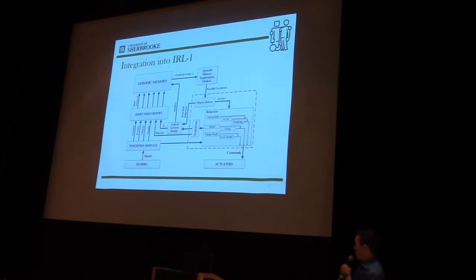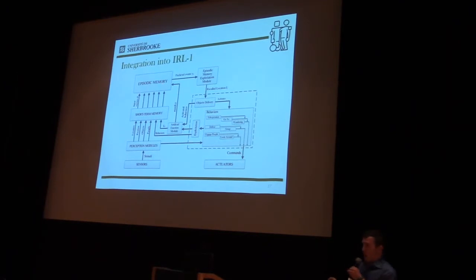Here's the schematic of our architecture. From the sensors, we have a perceptual module to recognize objects, persons, etc., that sends information asynchronously to a short-term memory, which then feeds the episodic memory.